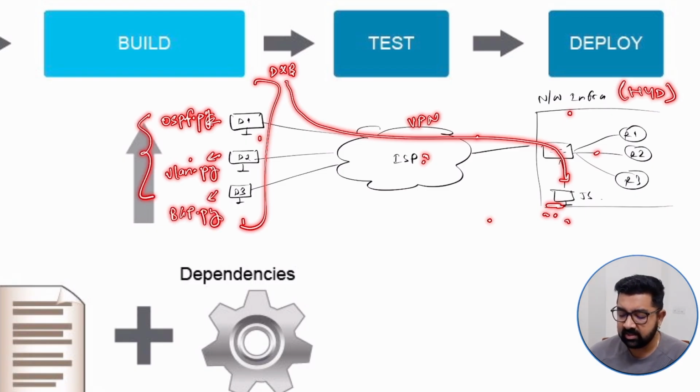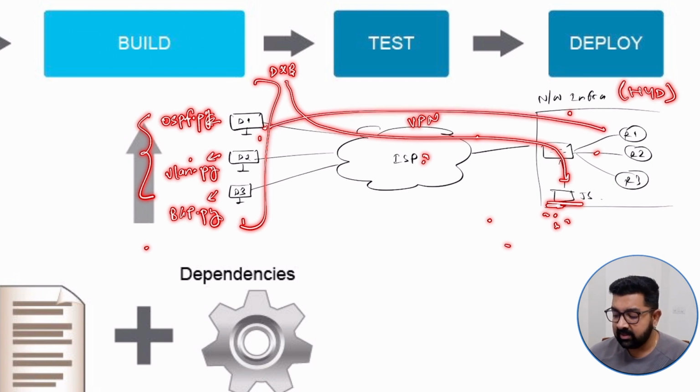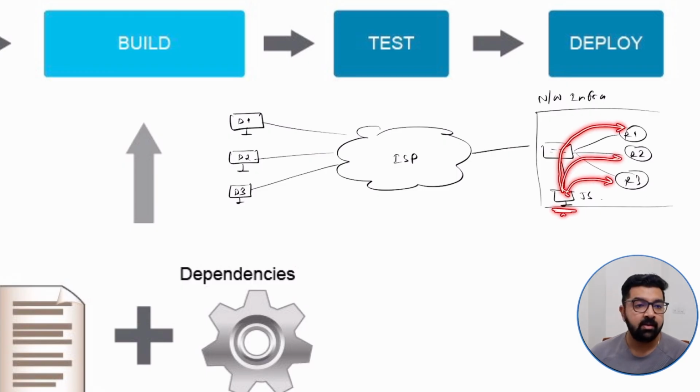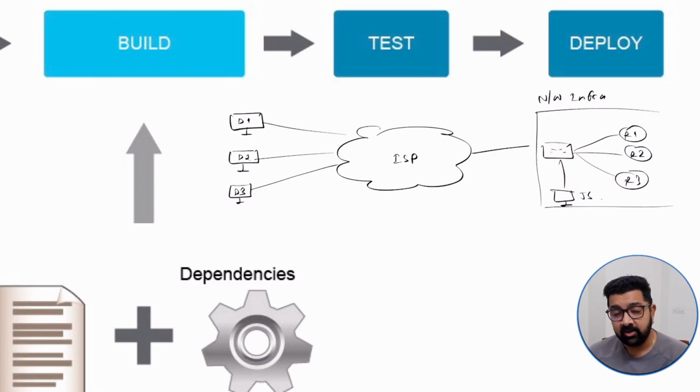All these scripts need to be copied over to the jump server, because the developer machines do not have reachability directly to the network infrastructure, right? So you copy those scripts on the jump server, and then when you execute the script on the jump server, the configuration gets applied to these devices, which means you cannot do that directly. You manually have to trigger the execution of the scripts by somehow connecting with that jump server.